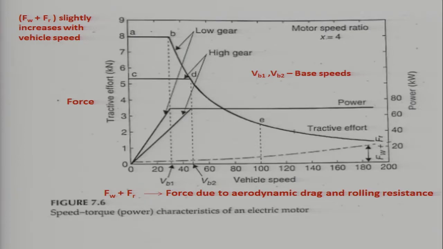Whatever x-axis value you have is the vehicle speed, and for this motor the speed ratio is taken as 4. That means the actual speed is 4 times the base speed. Here you can see the motor speed ratio for the x-axis, low gear and high gear. Compared across low gear and high gear, the speed ratio is 4.